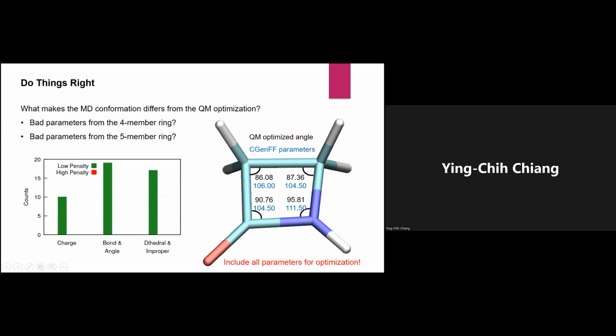So now if you think about how the parameters for the bond and angle are fitted, you realize that it's based on a Hessian matrix, and you assume that the bond and angle are just harmonic oscillators around their equilibrium geometry. Then these four angles shown here are certainly not the equilibrium angle, right?